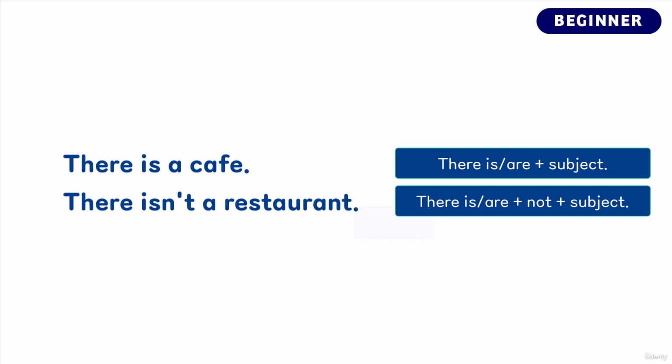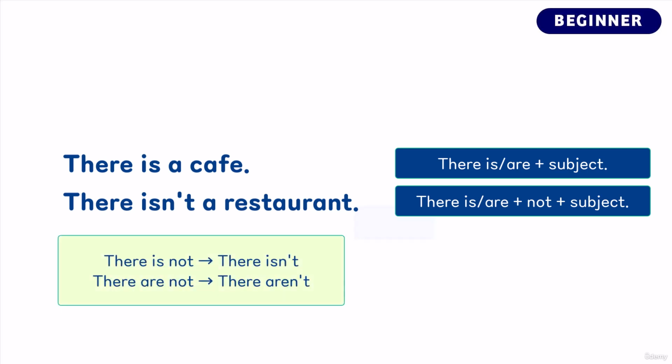For negative statements, we say there is or there are not, and then say the matching subject to the verb to be. When we say these sentences, we often contract is or are with not. So we usually say there isn't a restaurant or there aren't restaurants.